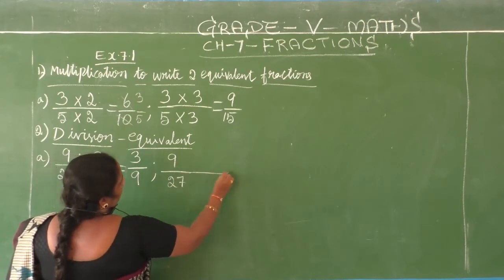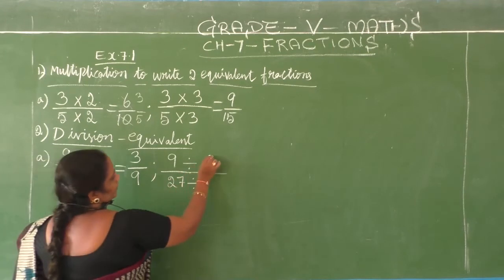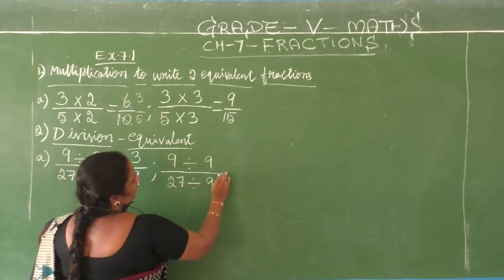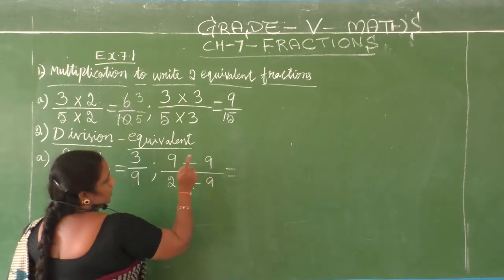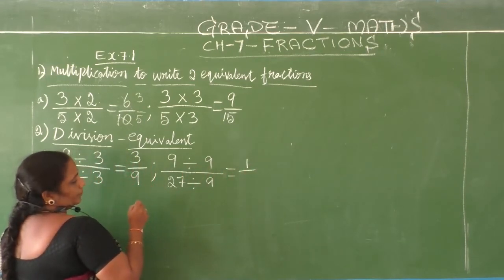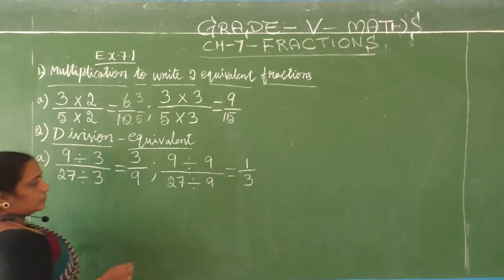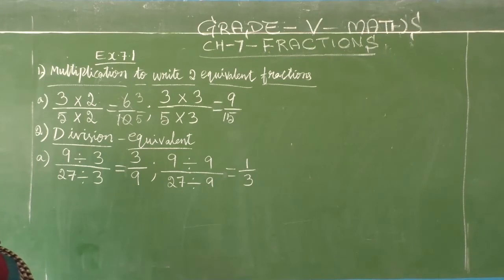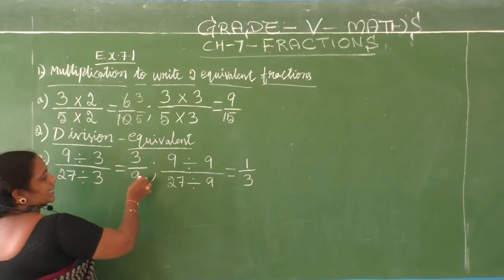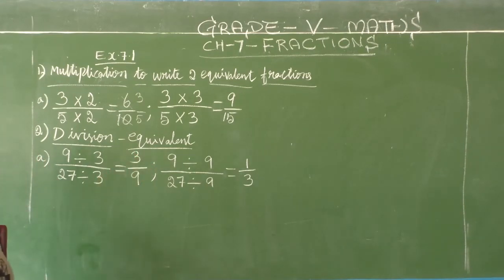Again I am going to take the factor 9 by 9. 9 ones are 9, and 9 3s are 27. Okay, 1 by 3. Do you understand? If you cancel, that means simplify, you get the same answer for all the fractions. That's why we are calling it an equivalent fraction.